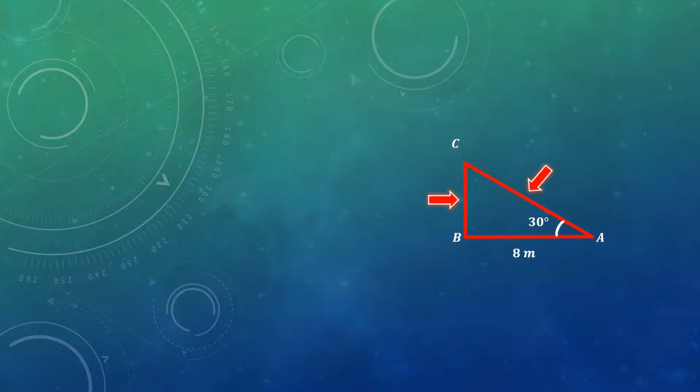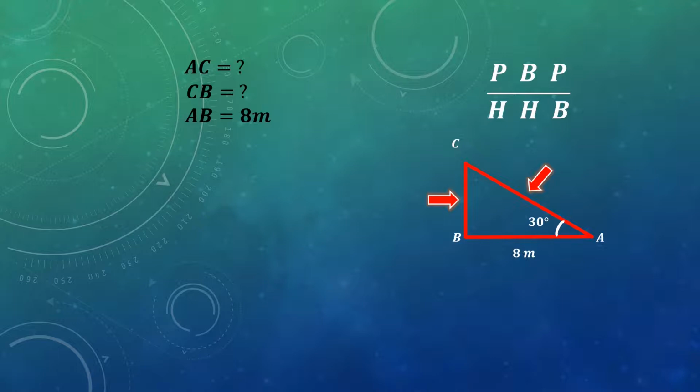I begin finding these two parts of the triangle, and I see that 30 degrees, angle CAB, is given to me, so AB will be the base and CB will be the perpendicular. In order to find AC, which is the hypotenuse, I can use cos theta equal to B upon H. Because B is given to me, H I can find out.